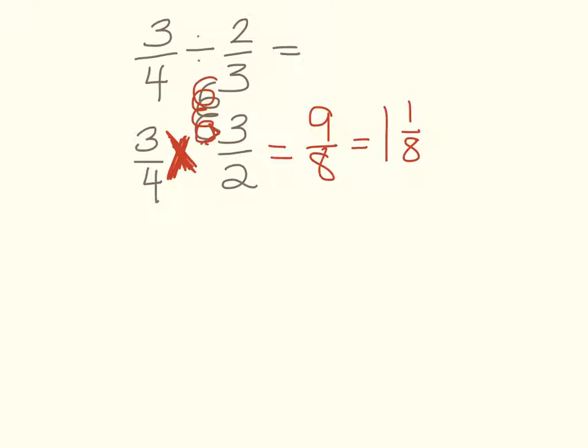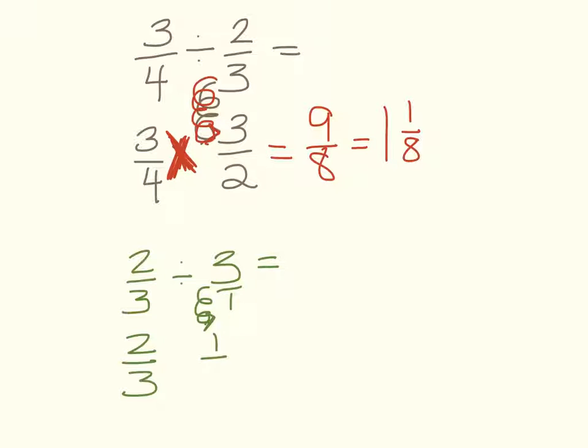Now let's do one more with a whole number in here and see if you guys can get that. If I have 2/3 divided by 3 equals, well, to divide a fraction, flip the second, which we know that this is really 3 over 1, so this is going to be 1 over 3 because I'm flipping it.